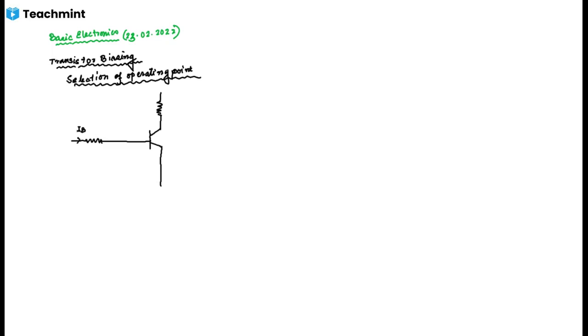This is the supply voltage; I name it VBB. I am going to vary it, so I have connected a potentiometer here. This emitter portion is grounded, that is common emitter, that's why.